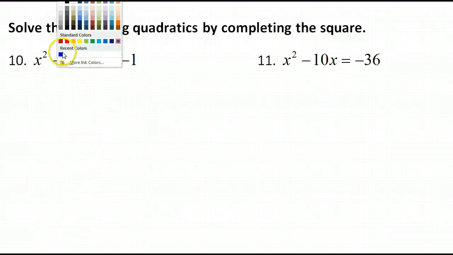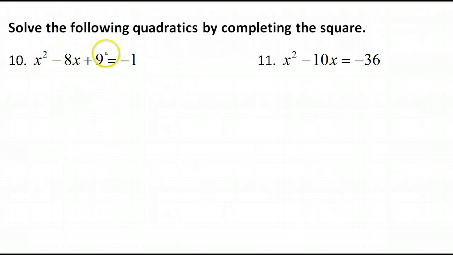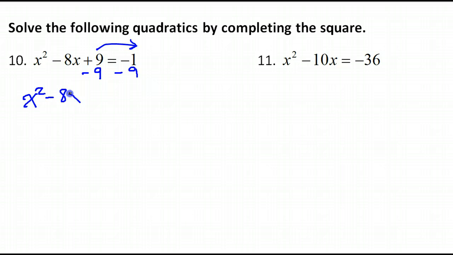And this positive 9, that's not it. So I'm going to move that just out of the way. I'm just going to subtract 9 from both sides. So that is going to give me x squared minus 8x, leave a space, equals -10.